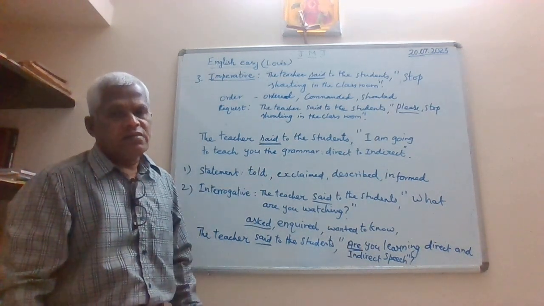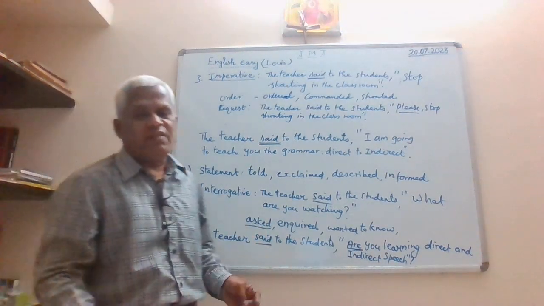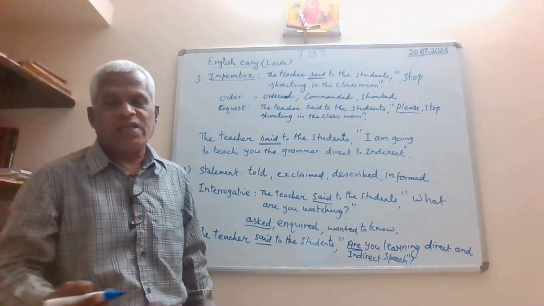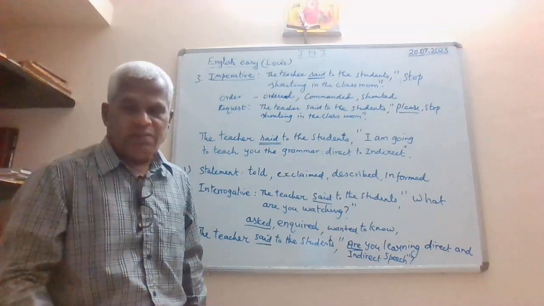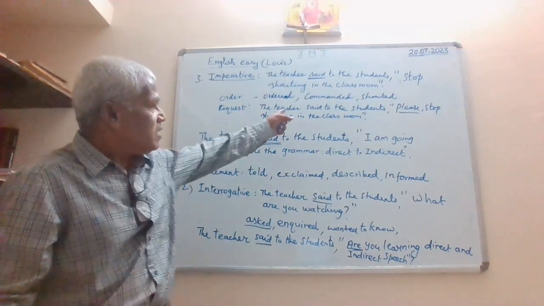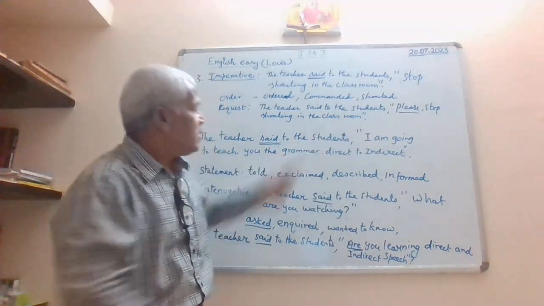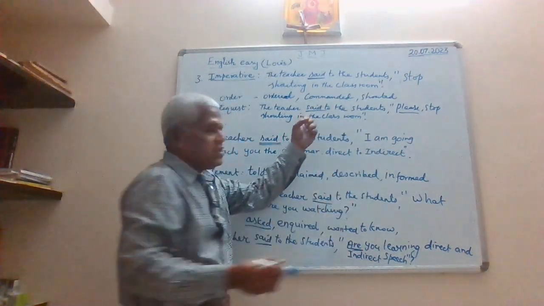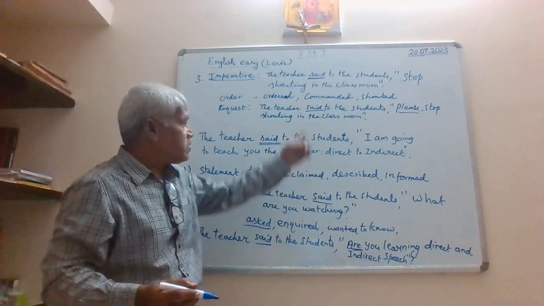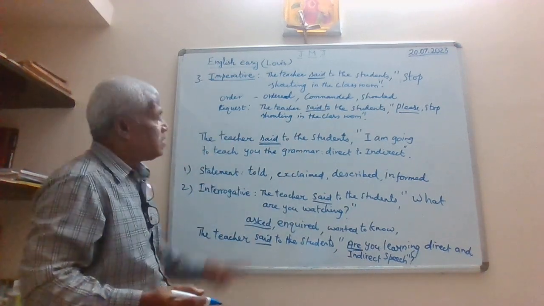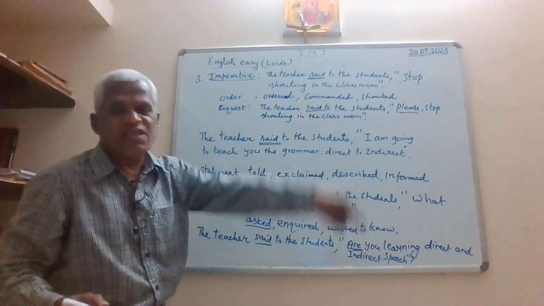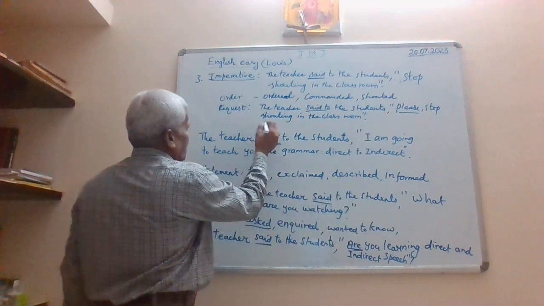Now if the teacher is very much vexed or irritated by the noise made by the students in the classroom, what could he or she say instead of the verb said? This is the reporting verb in the sentence. Instead of said, you can use "the teacher requested the students."